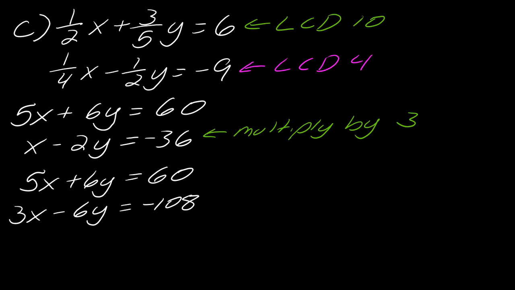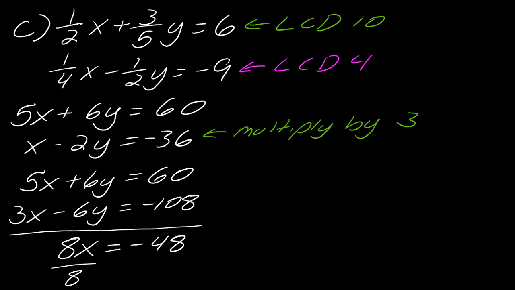Okay, so now I can go ahead and eliminate. I'm going to get 8x equals -48. And then I can divide both sides by 8 to get that x equals -6. We can now plug this back into one of the other equations. I'll plug this into the second equation.